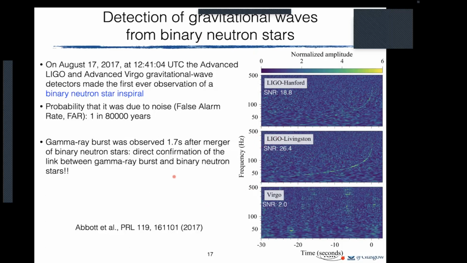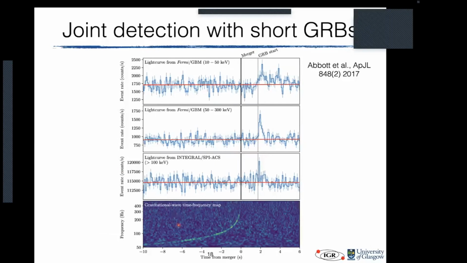And what's more fantastic is that not just was this signal very clear and very bright in gravitational waves, about 1.7 seconds later we see a signal in gamma rays, okay? So here we have two bands from Fermi GBM, two energies. This is Fermi GBM, the Gamma-ray Burst Monitor.